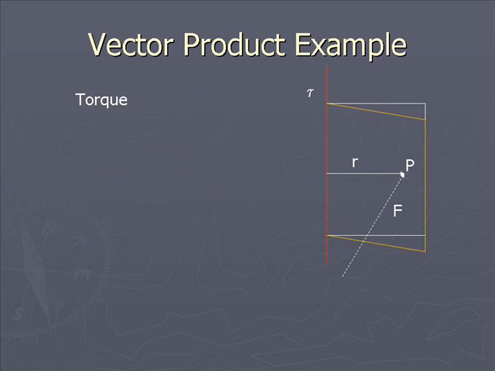Now, we express this entire process, the turning of the door, with a physical quantity that is known as torque in physics. We study this closing or opening of the door with a physical quantity known as torque. We take it as a vector, and its direction is taken along the red line, that is, the axis of rotation.